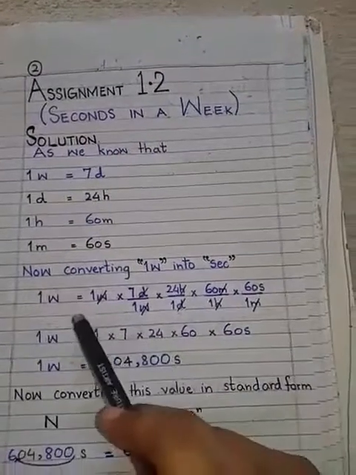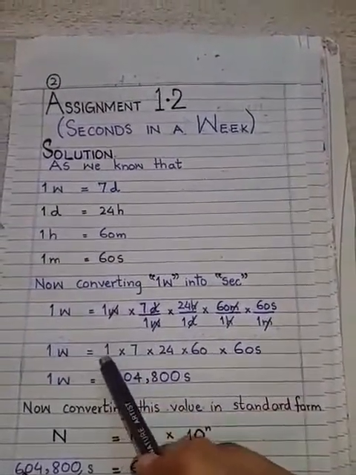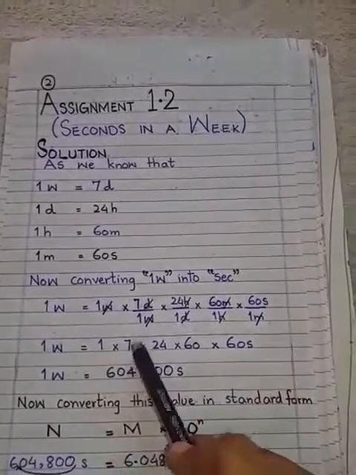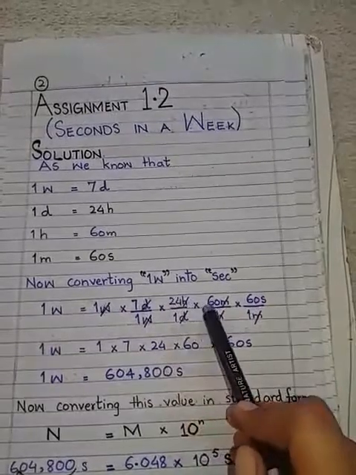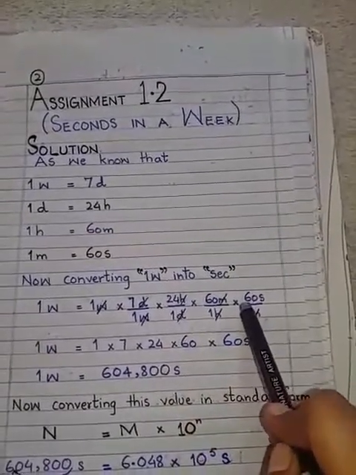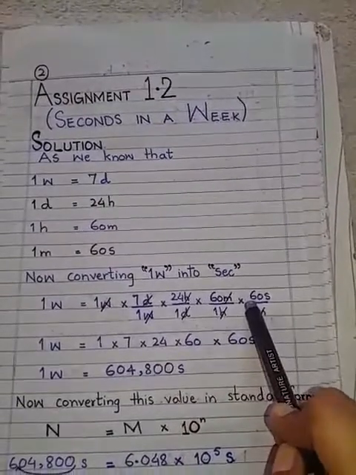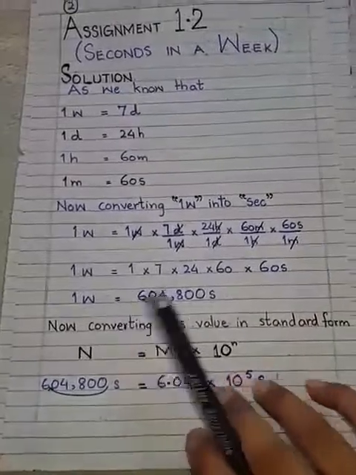In the next step, girls, you will write 1 week is equal to 1 multiplied by 7 multiplied by 24 multiplied by 60 multiplied by 60 seconds. When you calculate, you can use the calculator as well.